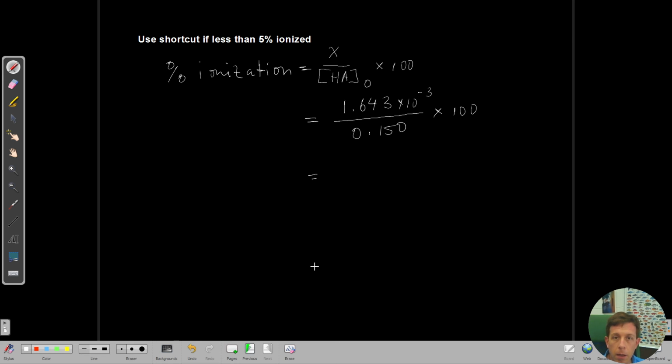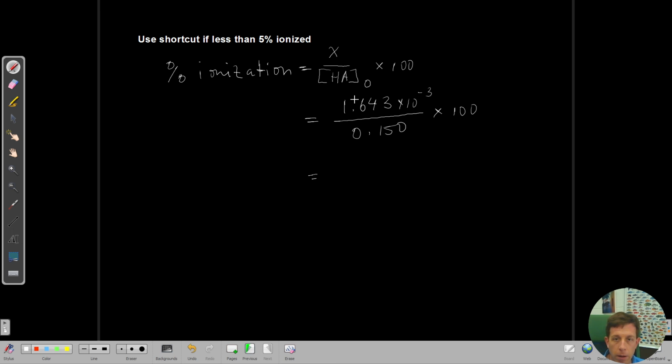We can then calculate the percent ionization from the x value, which represents the concentration of H3O+ or the acetate ion, divided by the initial concentration of the acid, which in this case was 0.150 molar.